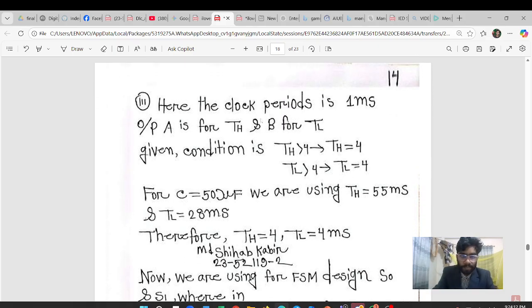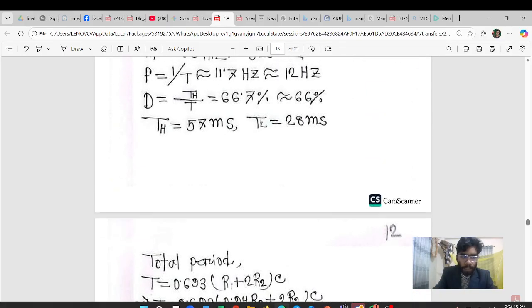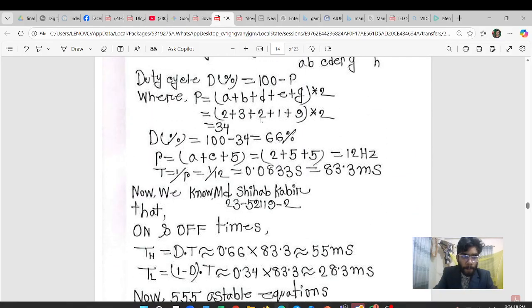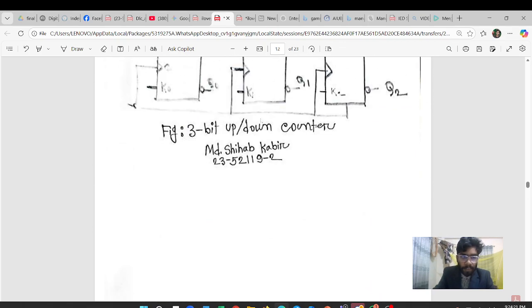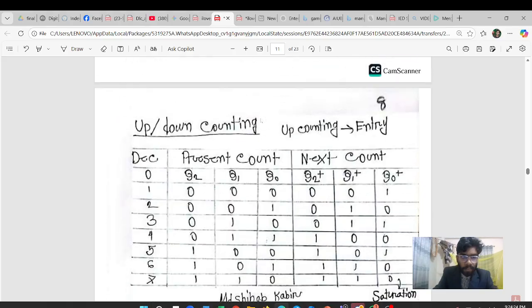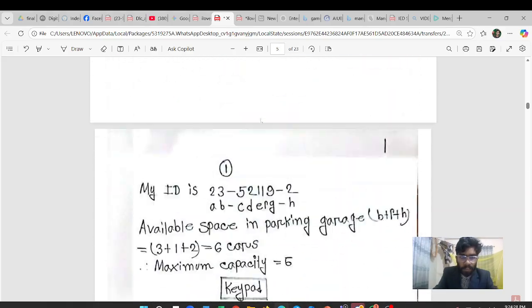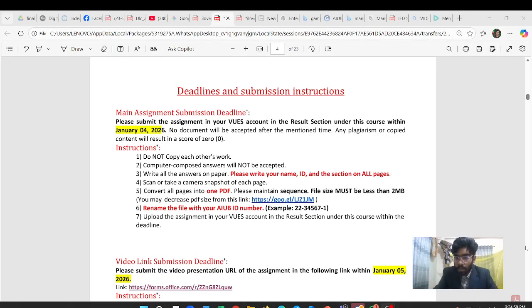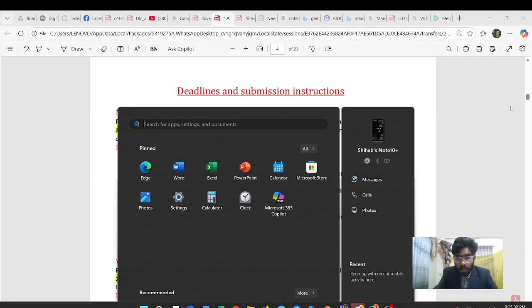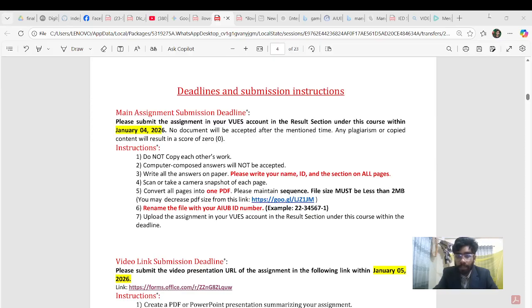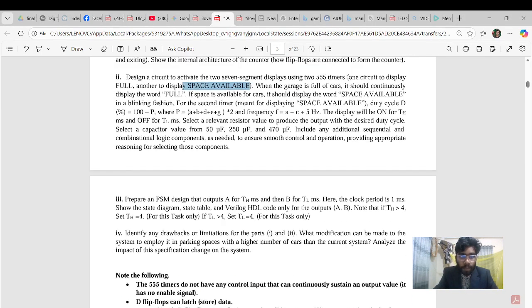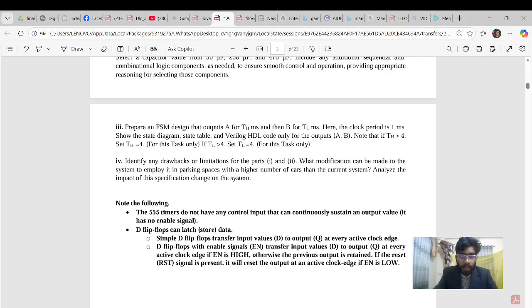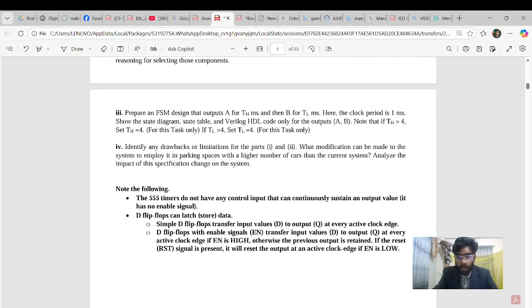Now the third question arises. The question says: prepare a finite state machine design that outputs A for TS and B for TL, where the clock period is 1 millisecond.